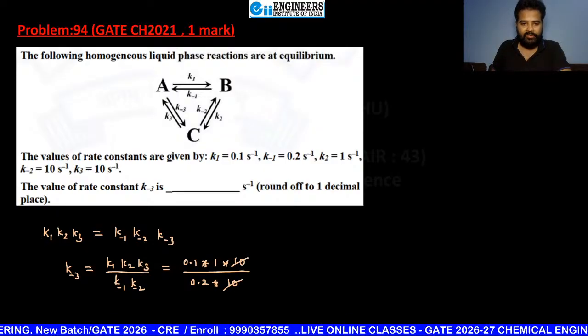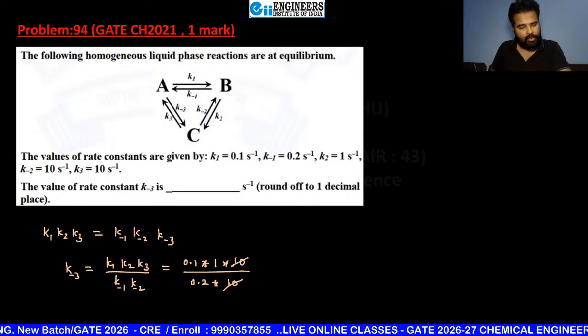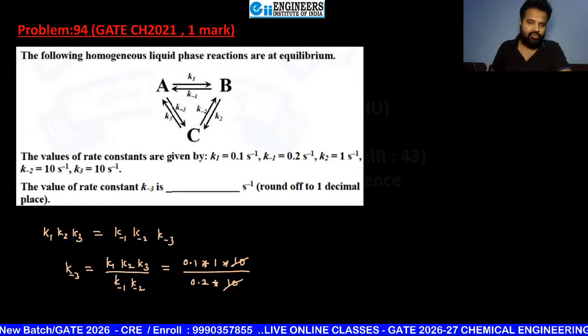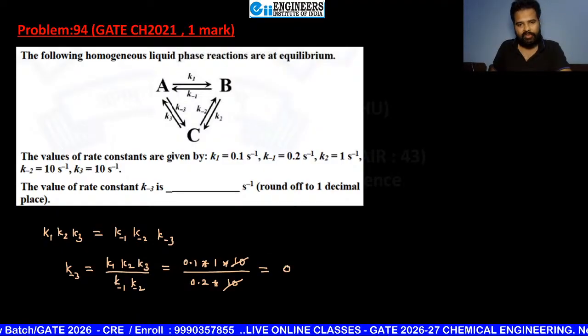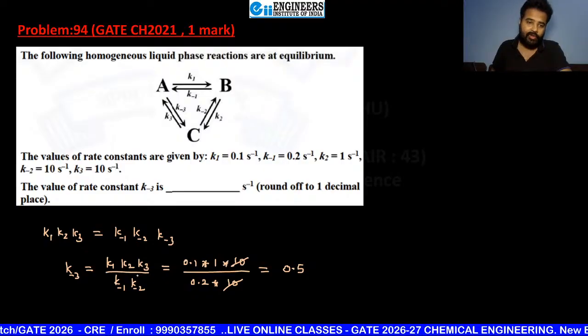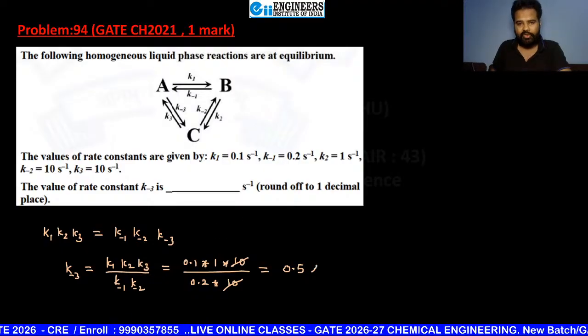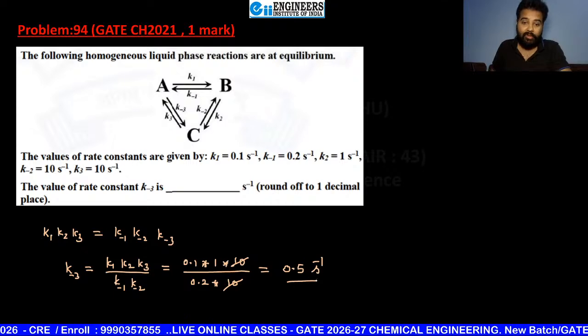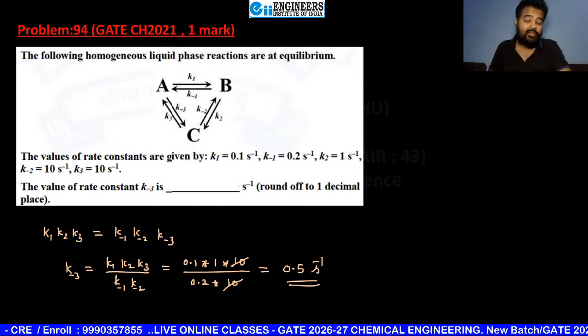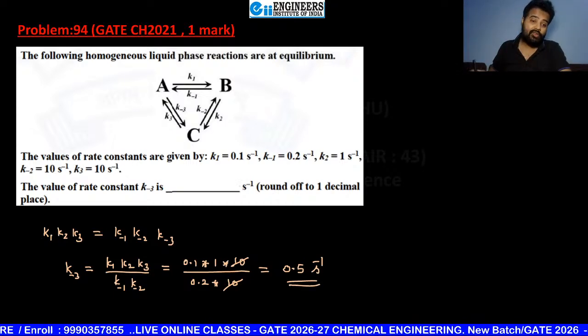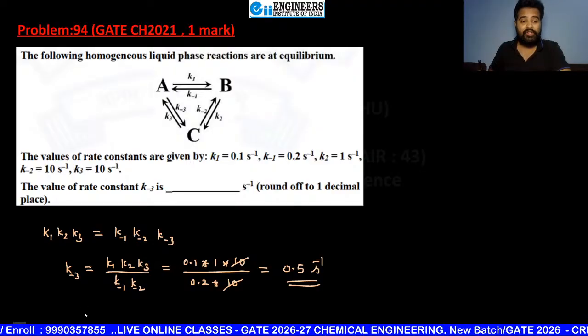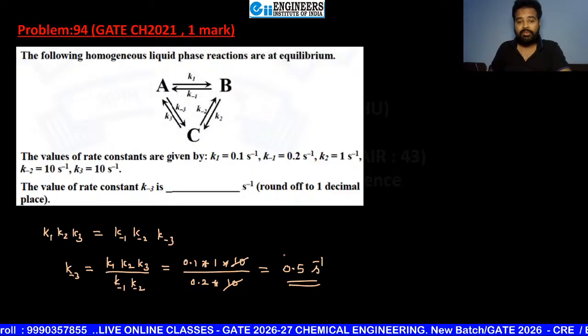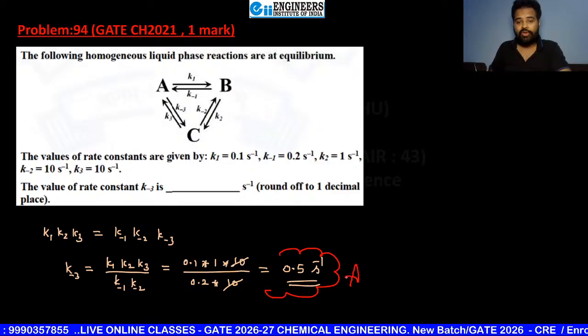So 10 and 10 cancelled. 0.1 into 1 will be 0.1. 0.1 by 0.2 can be written as 1 by 2, and 1 by 2 is 0.5. The unit: K cancelled, 1 K unit will be there, and all is second inverse, so its unit will be second inverse. Maybe in the examination, if they ask for minute inverse, then don't forget the conversion, beta. Please be careful with units in the examination.